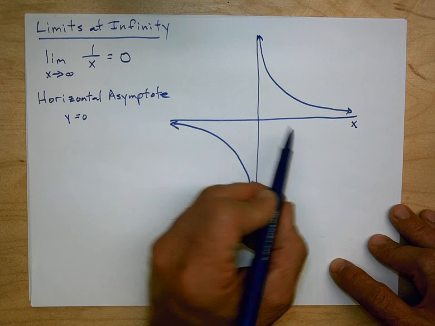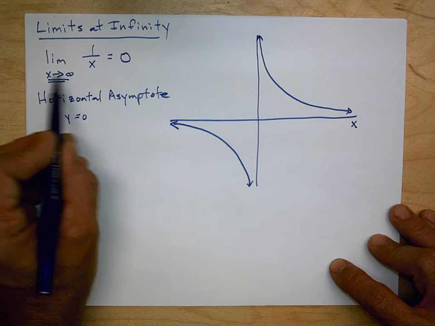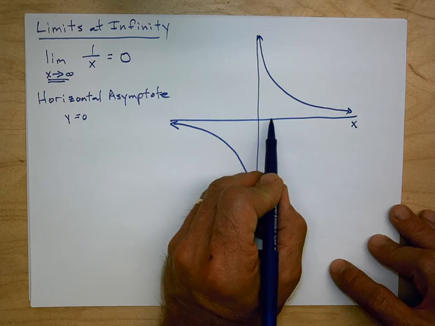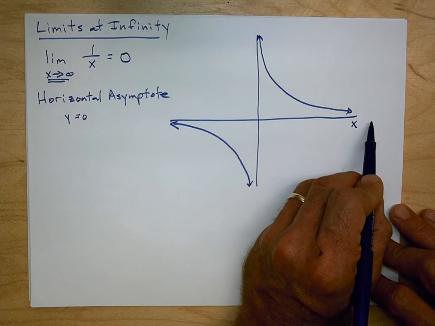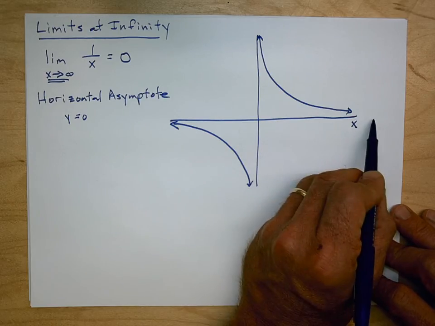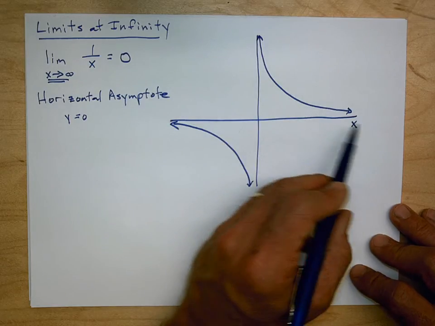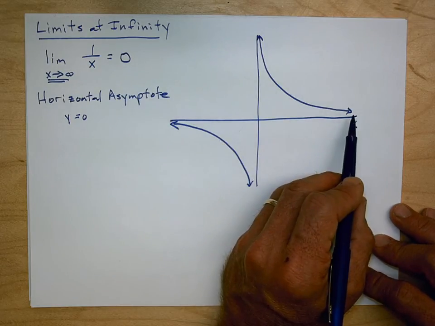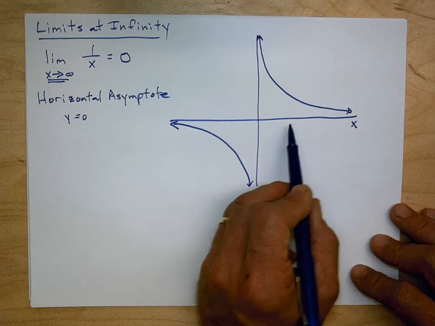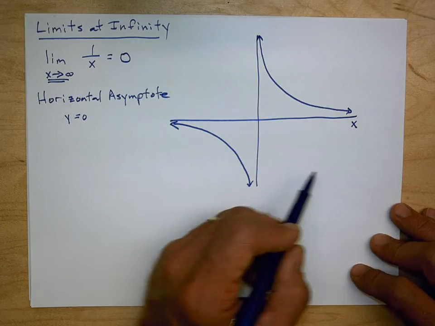In this case, since we're looking at x going to infinity, we're looking at a horizontal asymptote as we go to the right. It would be the x-axis. So again, it's the end behavior. How does this function seem to behave as x gets larger and larger and larger?